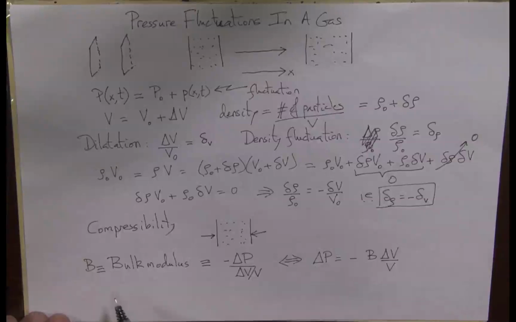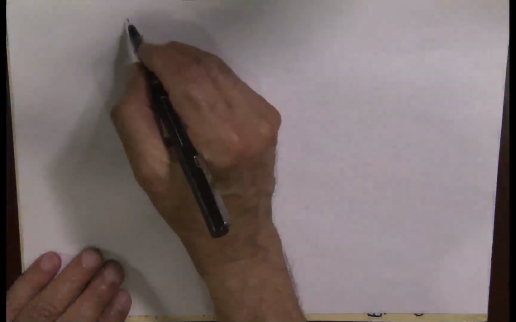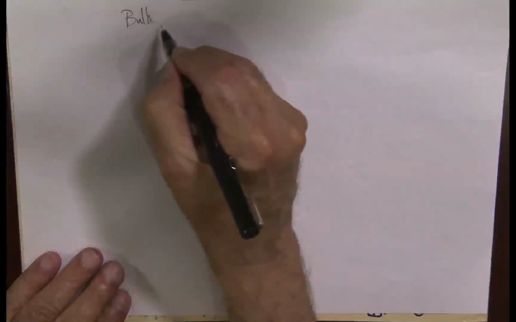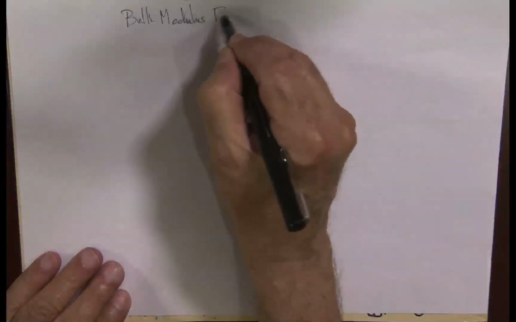Now, this bulk modulus is going to be very important when we discuss sound propagation. And we need to know now what it is for a gas. Let's work out the bulk modulus for a gas.